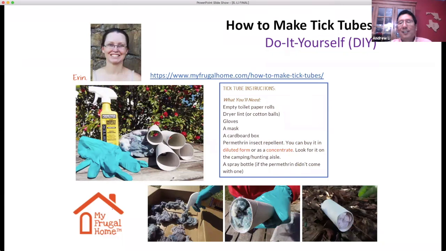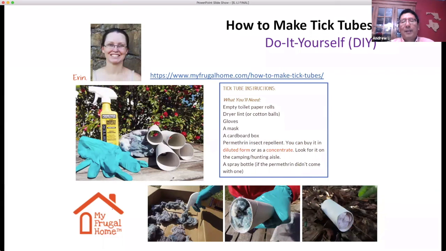If you search the internet, there are a number of websites showing how to make a tick tube yourself, which uses toilet paper rolls and dryer lint, waste material, and the only thing you buy is the pesticide. You dilute it, make a treatment, and make your own tick tube. So if you think about saving money, there are ways that you can make a device yourself.